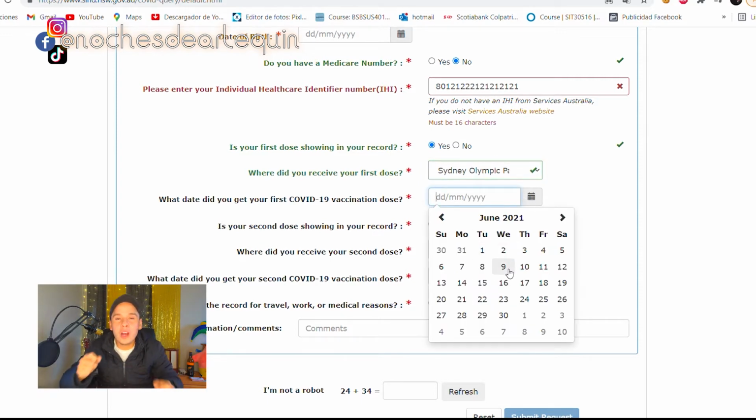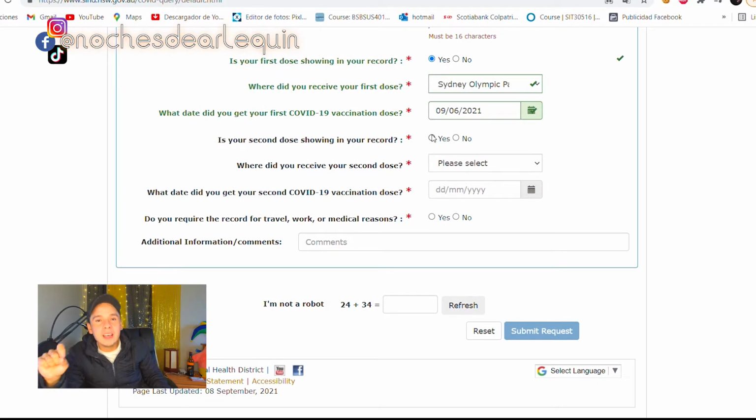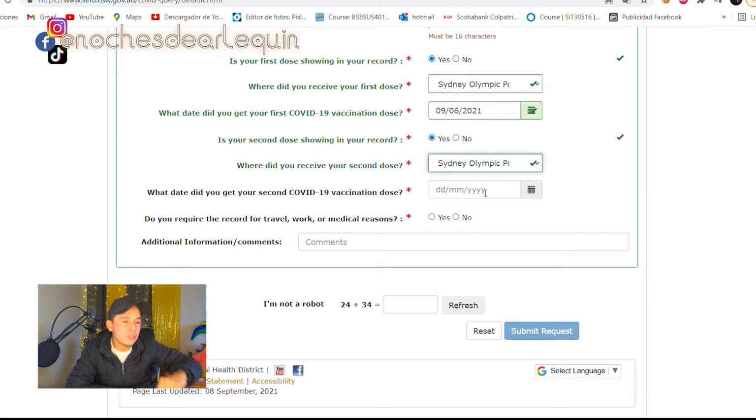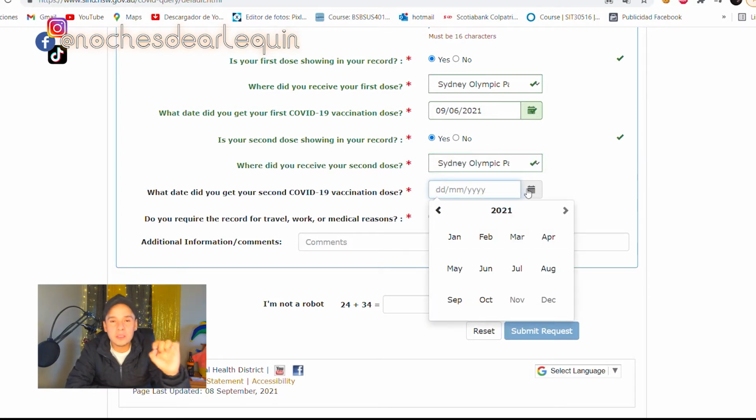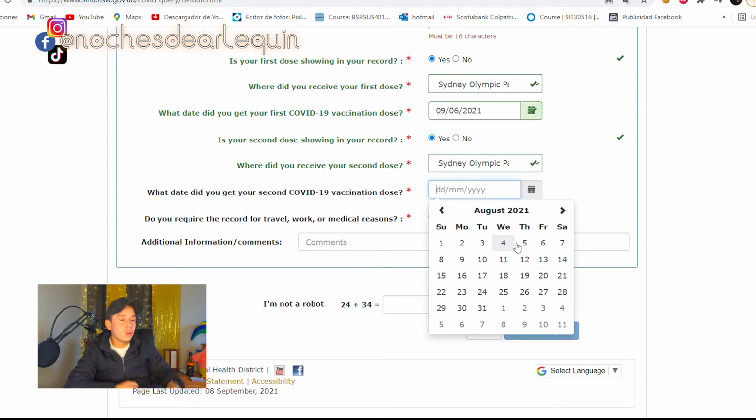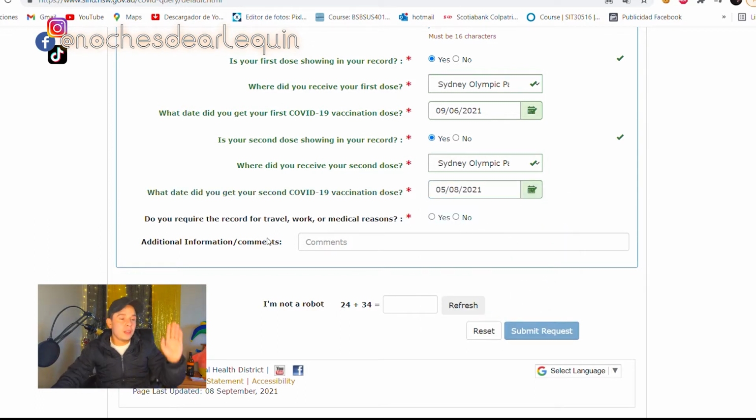You have different messages saying, don't forget your appointment for vaccination. You put here the first vaccination and the second vaccination. This information has to be exact, okay? And after, you put yes, because you need it for work or travel everywhere. And it's very easy. Submit, and the request is done.